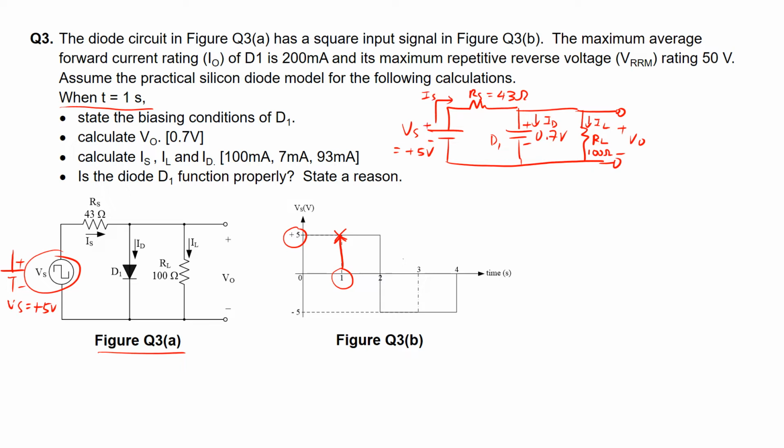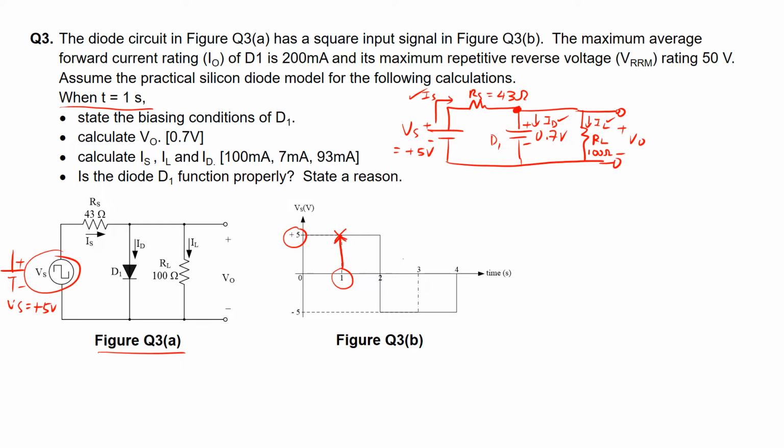How do I know that this diode D1 is forward biased? It's because the current Is that comes from the positive terminal of Vs will come to this junction and be split into two currents, ID as well as the current IL here.